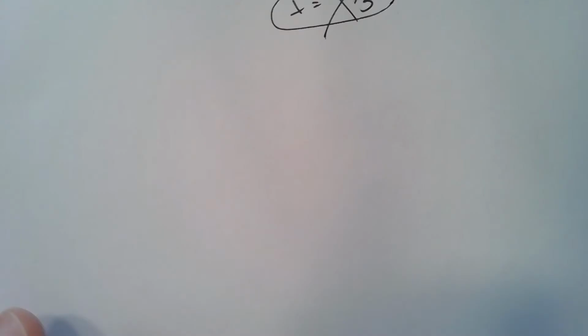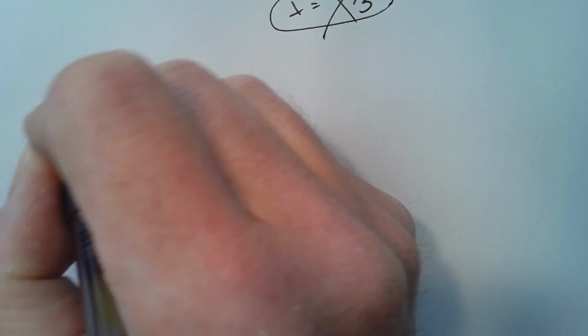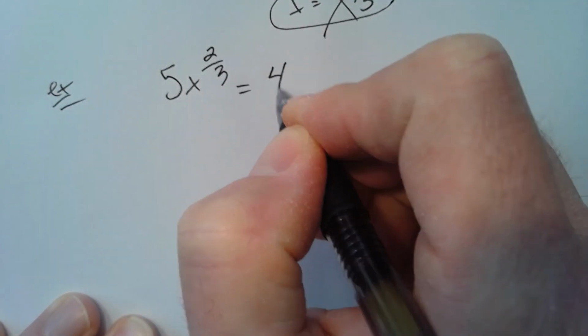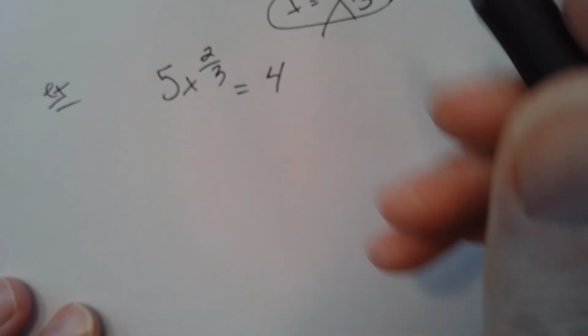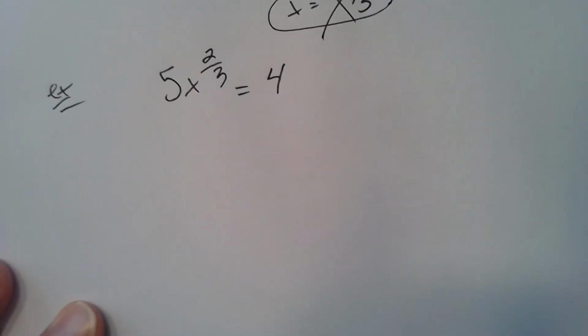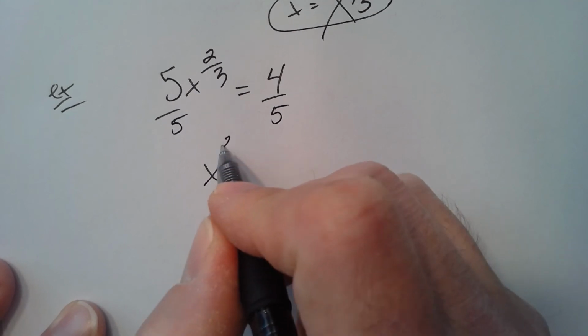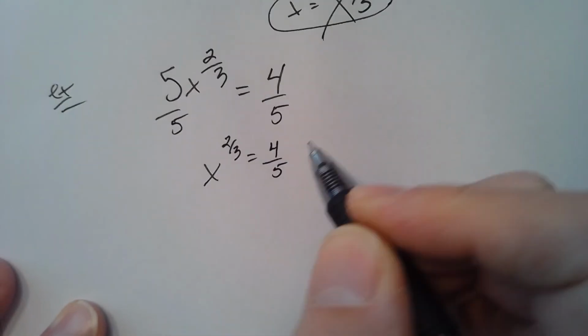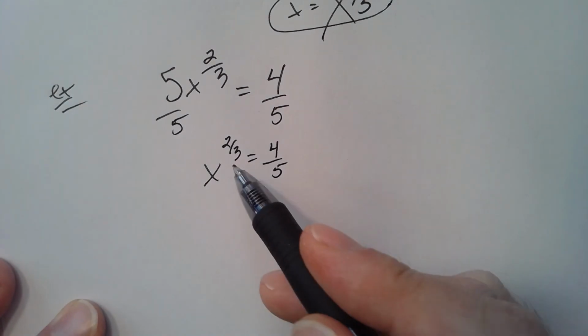Alright, last example. It's a little bit different. It's fractional exponents. 5x to the 2/3 equals 4. We'll divide by 5. So x to the 2/3 equals 4/5.